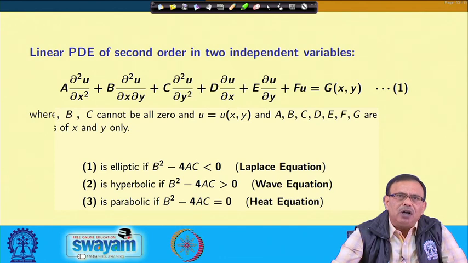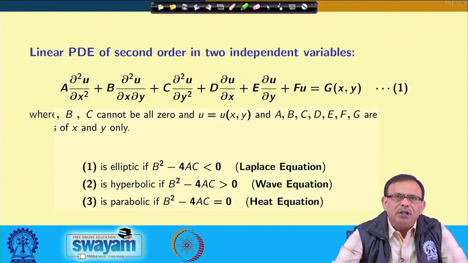So, the general second order equation, we are writing this F of u, which is nothing but a function of x, y, u, del u del x and del u del y, and a, b, c cannot be all 0.